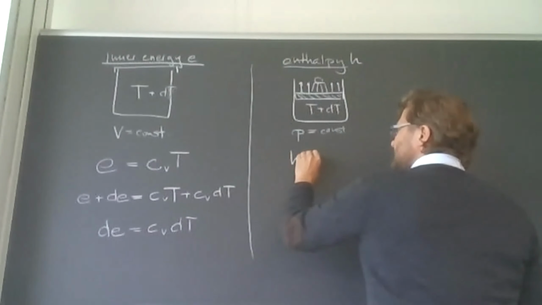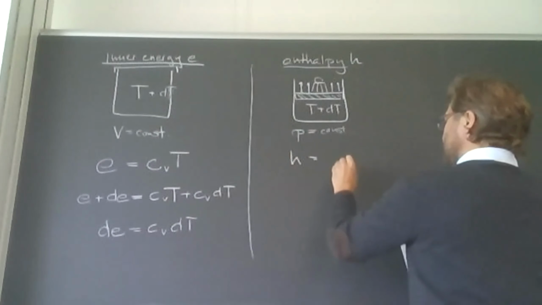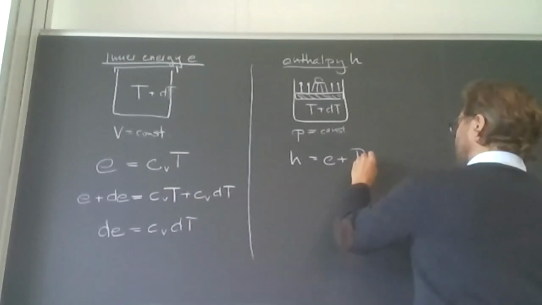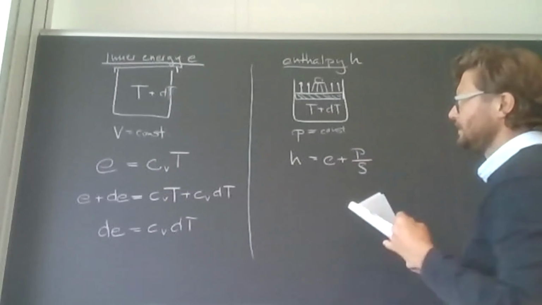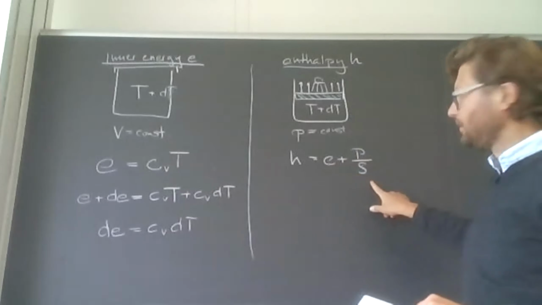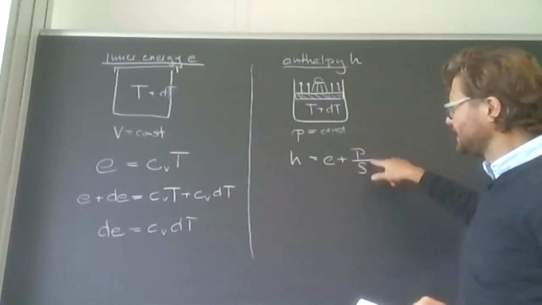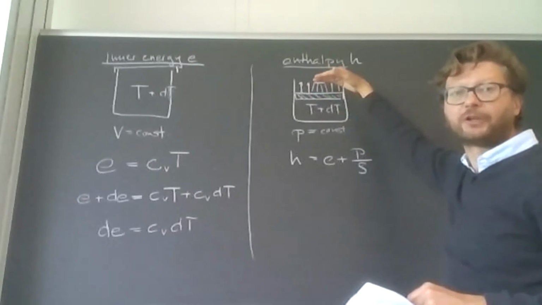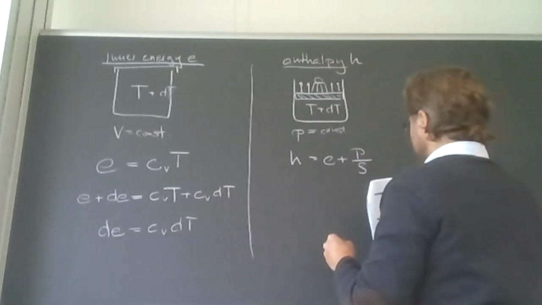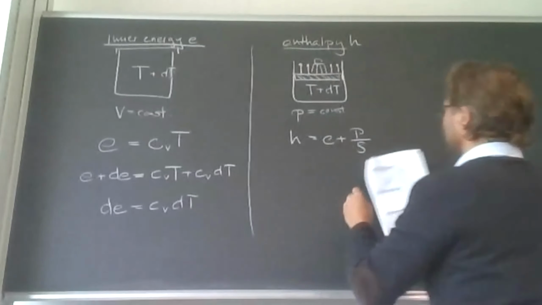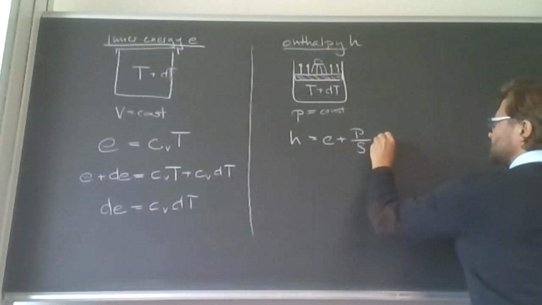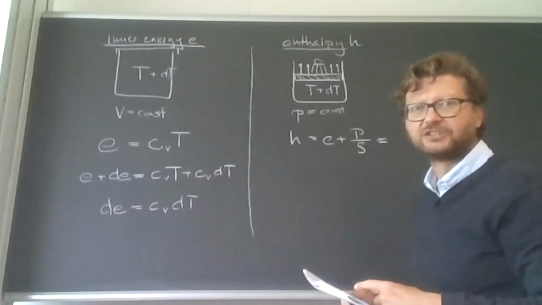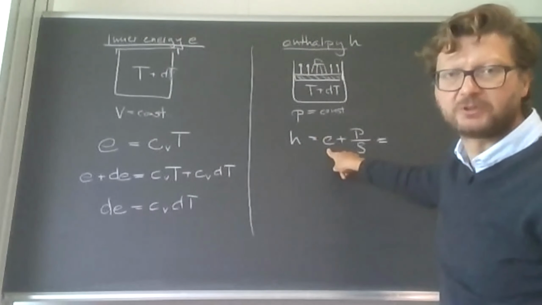So the enthalpy is defined as E plus P over rho. So the inner energy plus this term P over rho, which is related to the work that is being done here, can also be shown to be proportional to temperature.